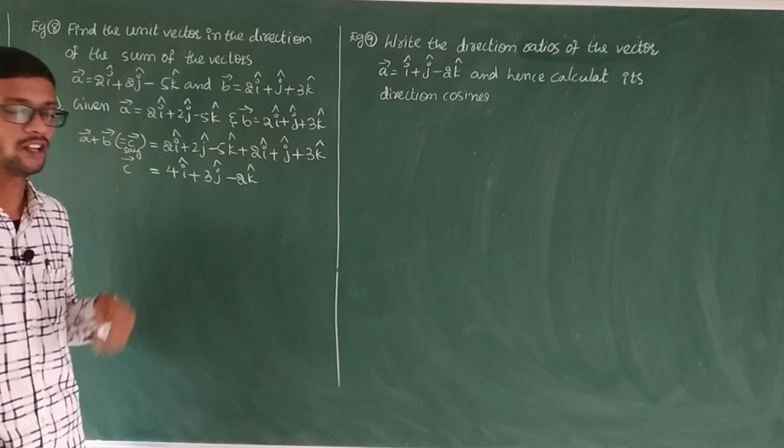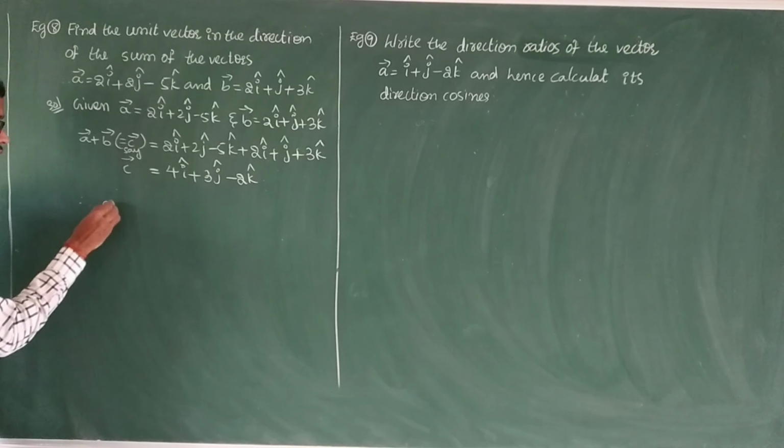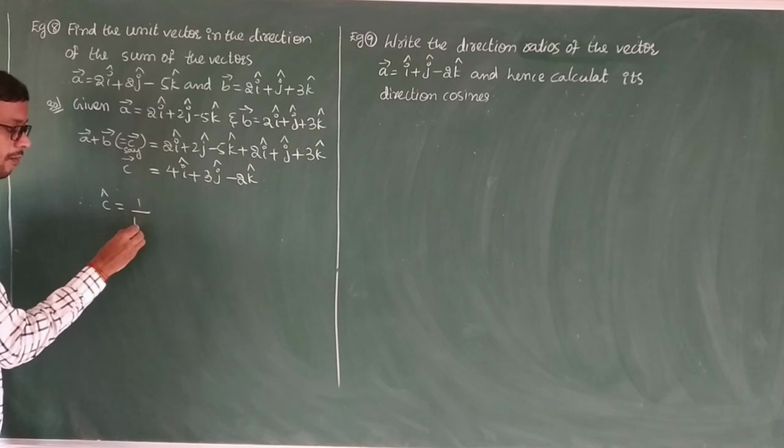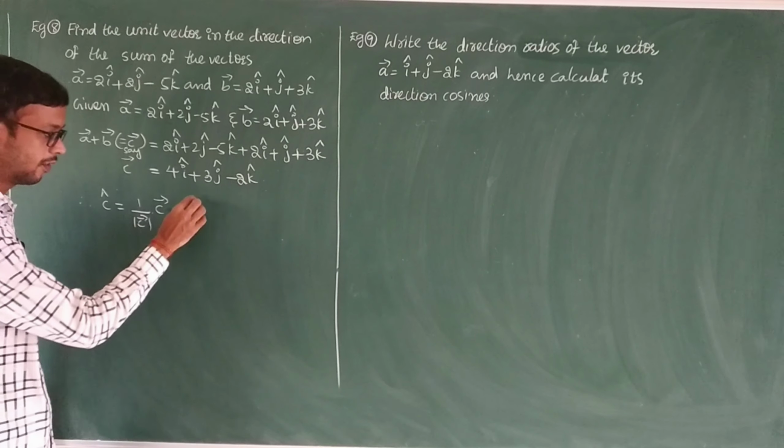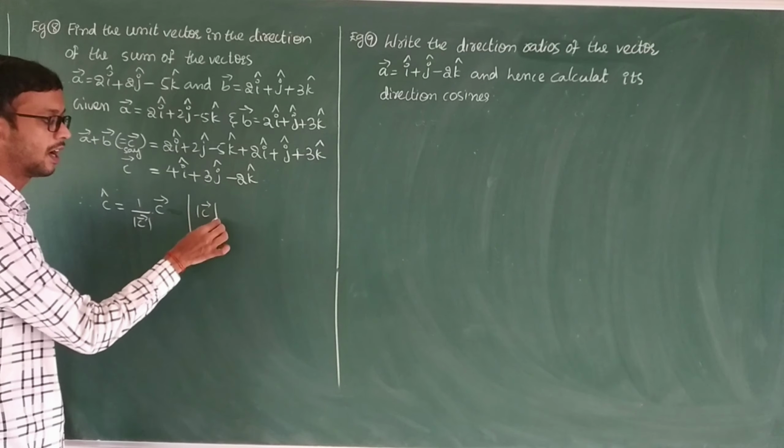Unit vector in the direction of C bar: C cap is equal to 1 by magnitude of C bar into C bar. For that, we have to find the magnitude of C bar first. It is the square root of 4 squared plus 3 squared plus minus 2 whole squared, that is 16 plus 9 plus 4, so the total is square root 29.